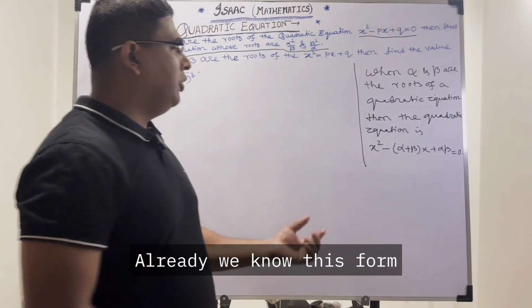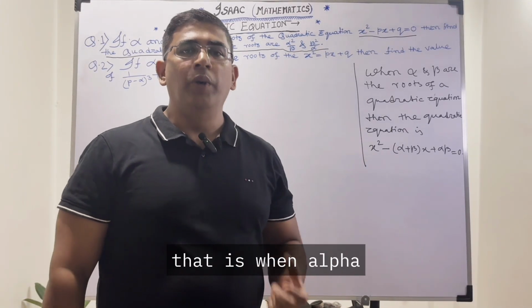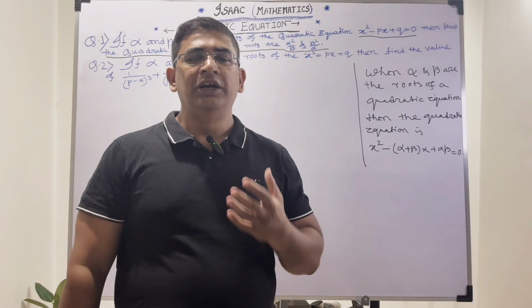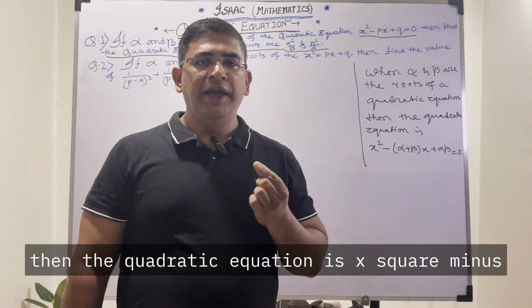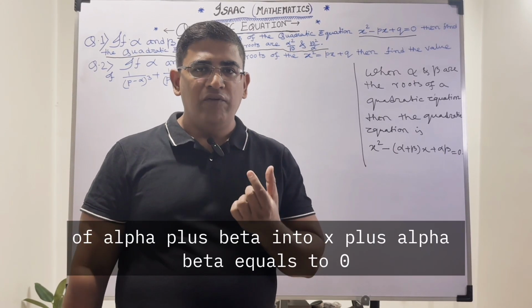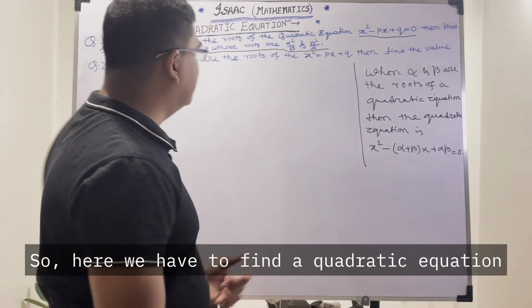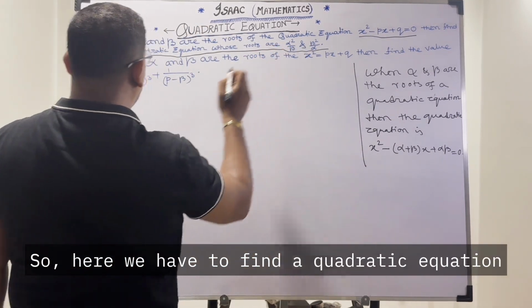Already we know this form, that is when alpha and beta are the roots of a quadratic equation, then the quadratic equation is x square minus of alpha plus beta into x plus alpha beta equals to 0. So here we have to find a quadratic equation.